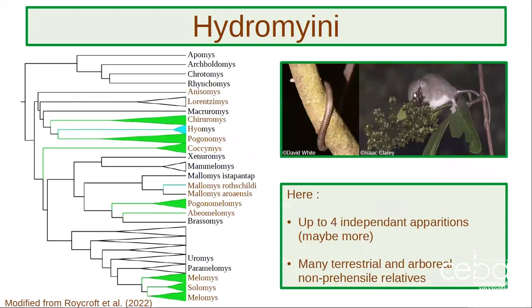So the interesting part with the Hydromini is that here in green you can see the prehensile species, and you have quite a lot of appearances of the prehensile tail distributed along the phylogeny of the tribe, and they also have relatives that are non-prehensile and arboreal, and that are non-prehensile and terrestrial, so it provides a good framework for comparative analysis.